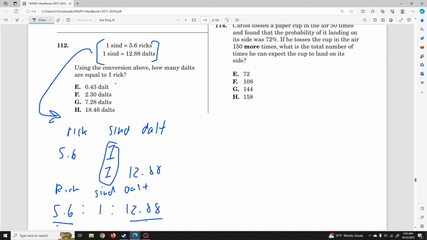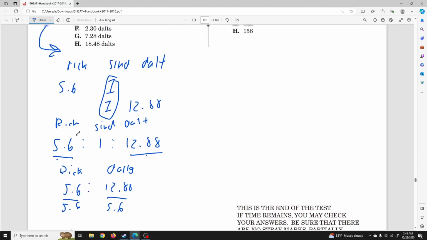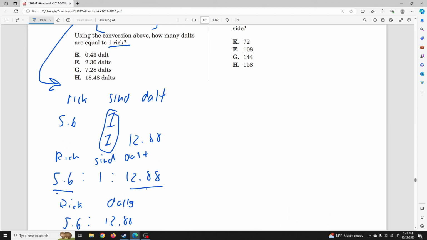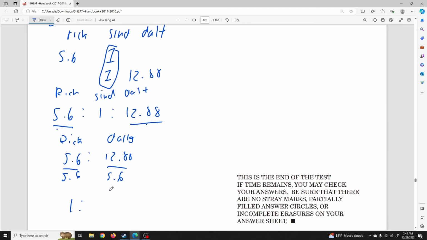So all we have to do here is just make this into 1 Rick. How do we make this into 1 Rick? Well, we divide it by 5.6. 5.6 divided by 5.6 is 1, and 12.88 divided by 5.6 is, well, if we think about it, 5.6 times 2 gives you 11.2.